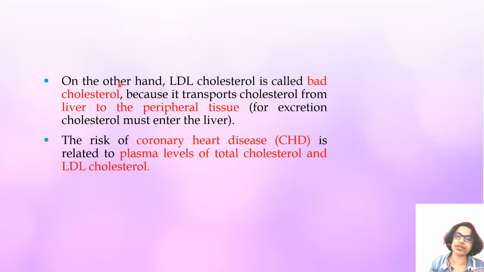But LDL is sending cholesterol from the liver to the peripheral tissue, whereas HDL helps shift cholesterol from the peripheral tissues to the liver. The risk of coronary heart disease, CHD, is related to plasma levels of total cholesterol and LDL cholesterol.